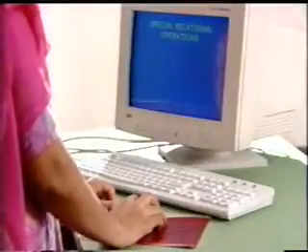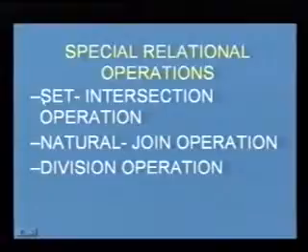Let us now understand the special relational operations in relational algebra. The first operation we will discuss is set intersection operation, another is natural join operation, followed by division operation.